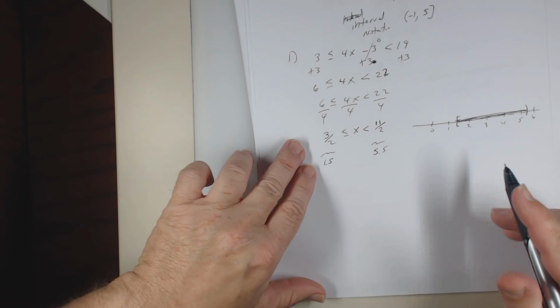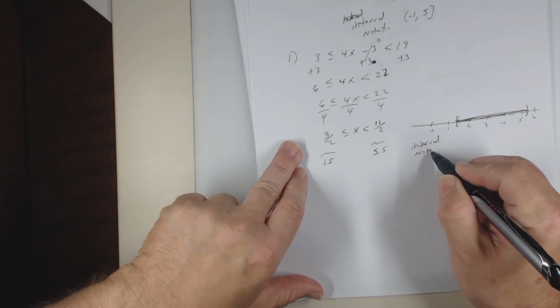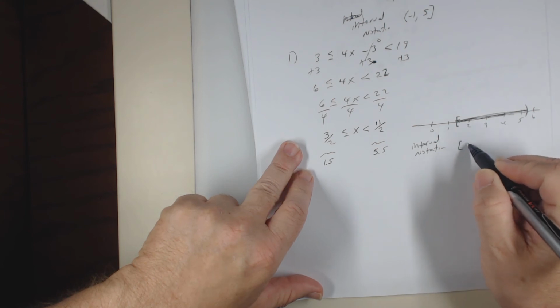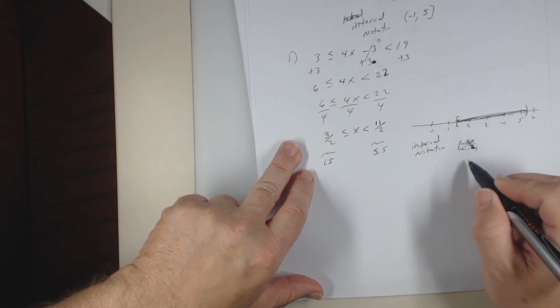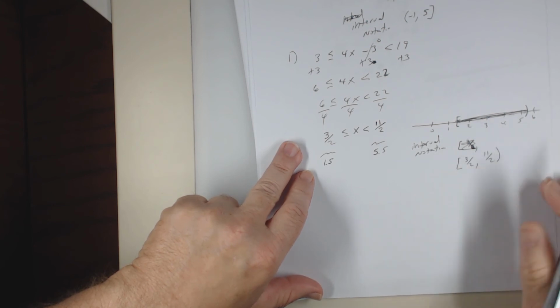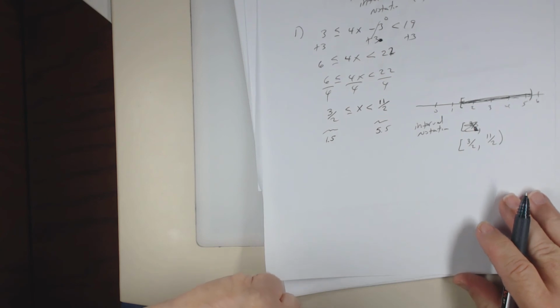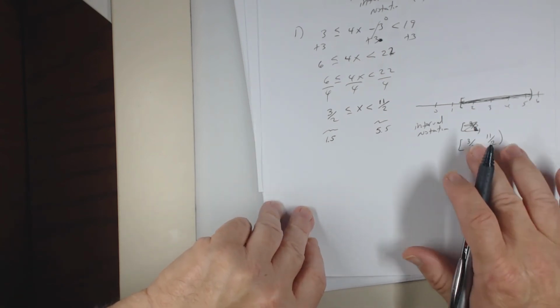All right. And so your interval notation: bracket 3 over 2, comma, 11 over 2 parentheses. And then you have to enter it not with the decimal point. Just leave it like that.